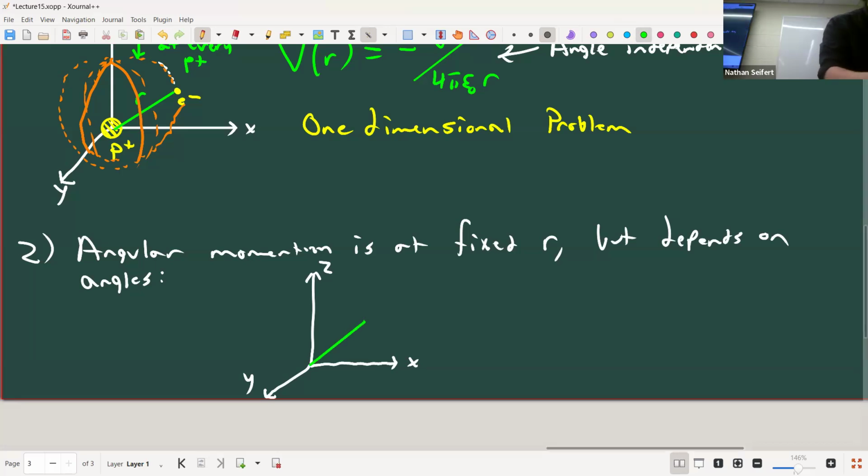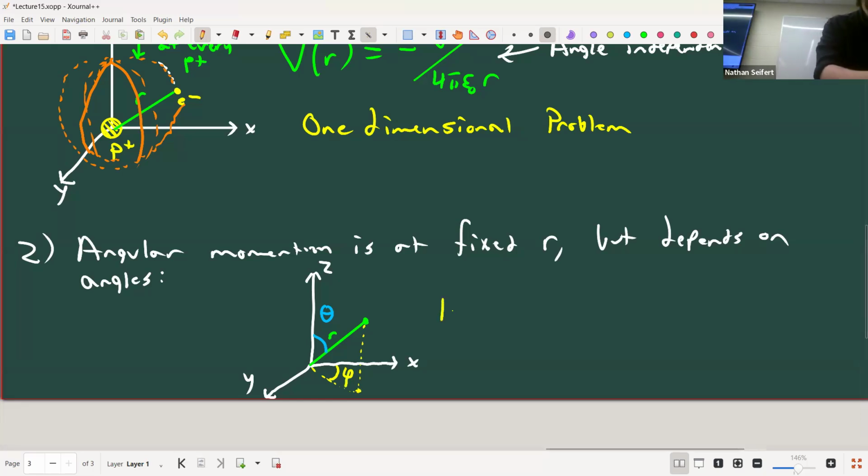We have an electron here at this point, r. We can define an angle theta between the z-axis and r. And then we can define another angle, phi, between the x-axis and the projection onto the xy plane.